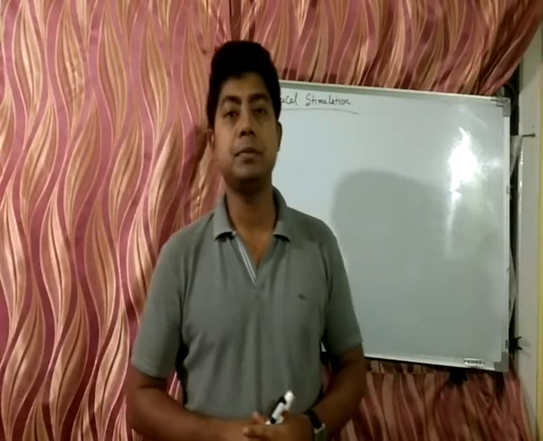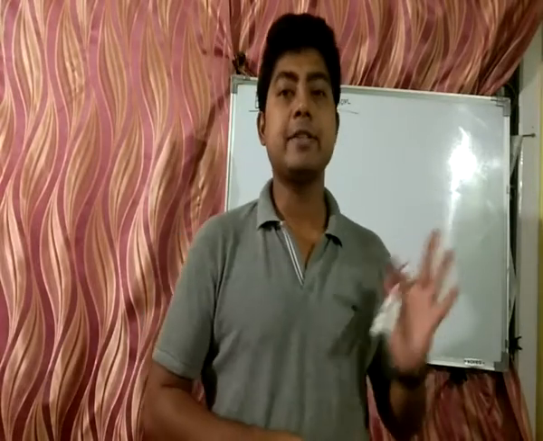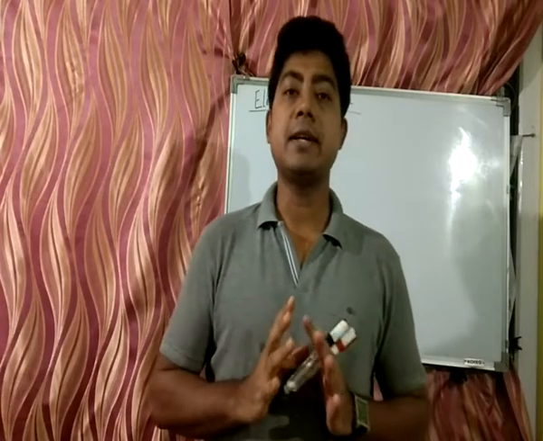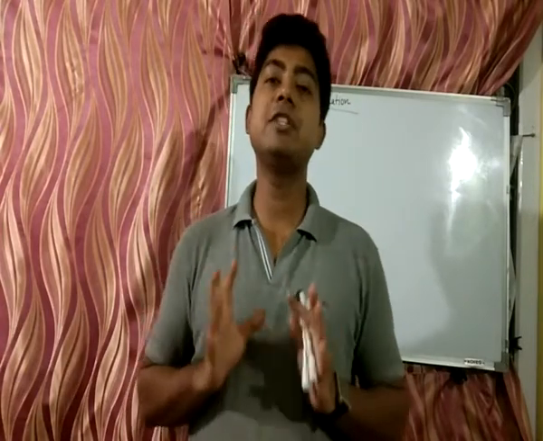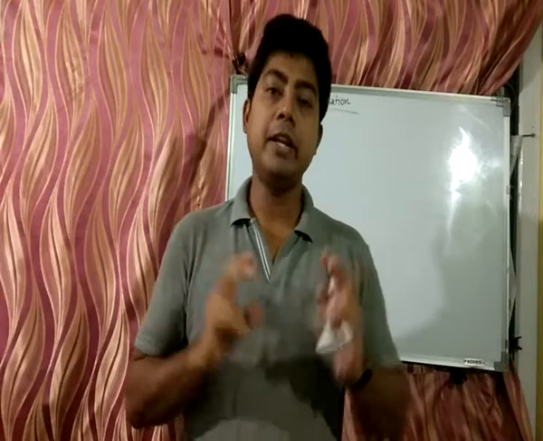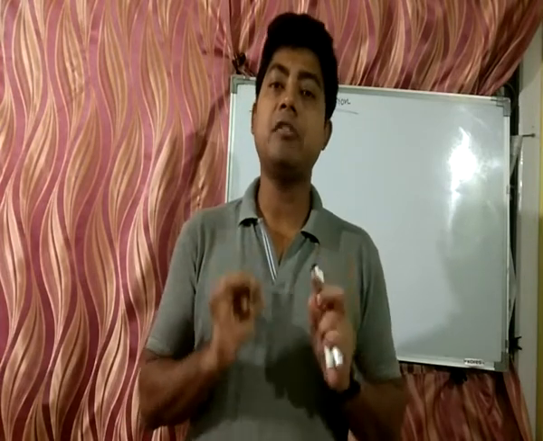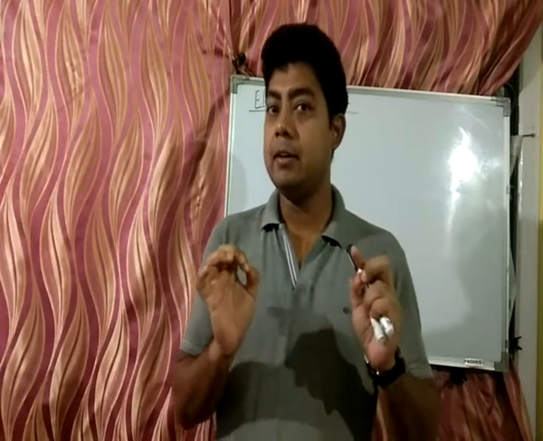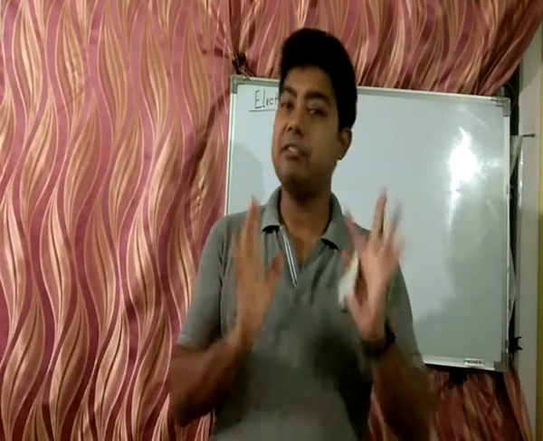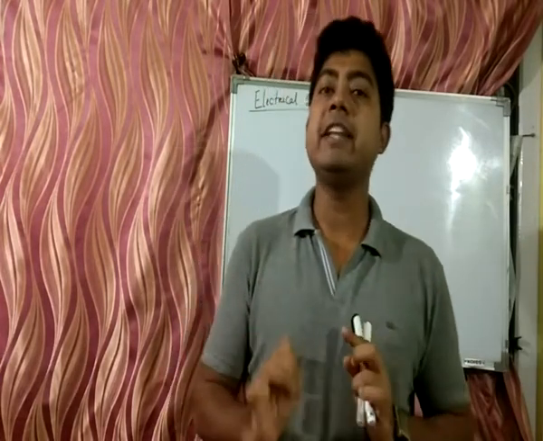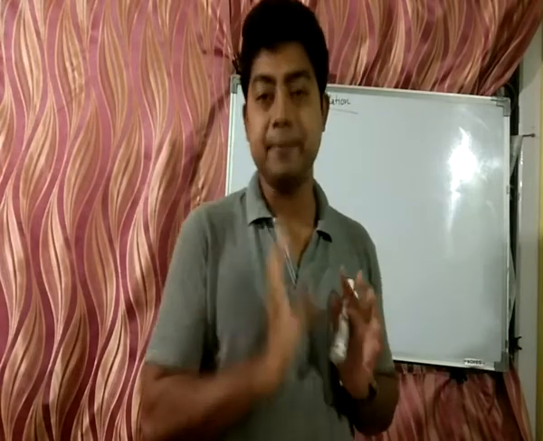Hi students, now in this lecture I am going to discuss the electrical stimulation part. Already in part 1 of the cardiac cycle, I discussed the 5 events which occur in 0.8 second.